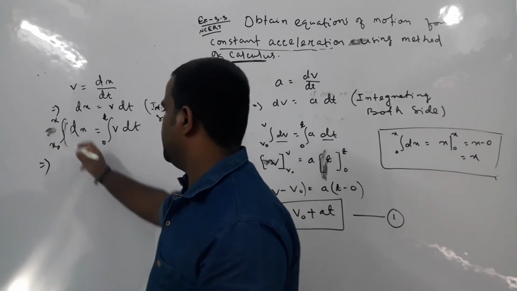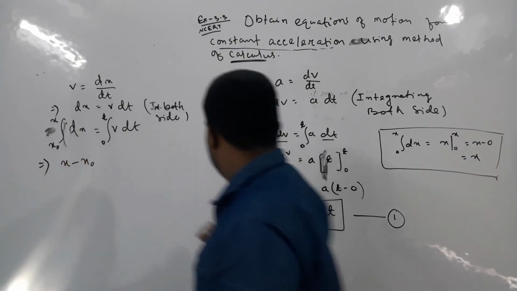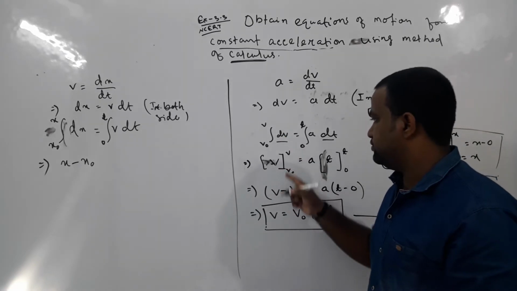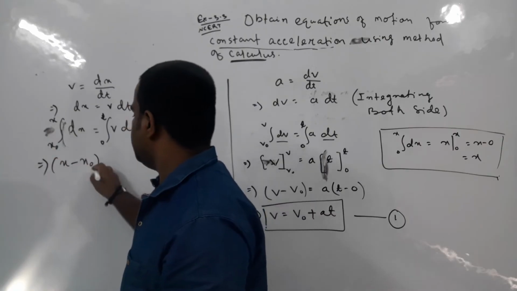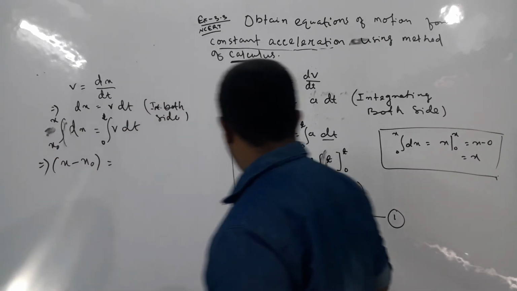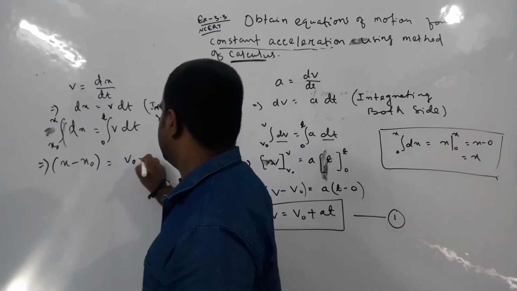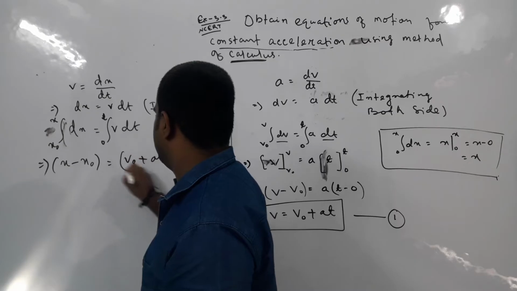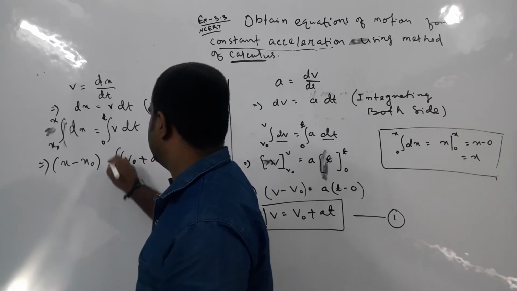Here it will be x minus x0, upper limit minus lower limit, is equal to v, which we put from here: v is equal to v0 plus at, whole dt, integration 0 to t.